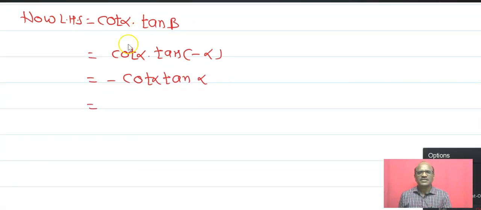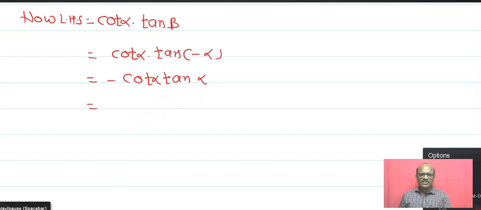Now see this here. What about here? That is cot alpha into tan beta. This beta is replaced by minus alpha, just as we have proved. Now tan of minus theta is minus tan theta, therefore minus tan of alpha here. Now these two are reciprocal terms, therefore the value of these two is 1. That is cot alpha into 1 upon cot alpha, that will get cancelled.